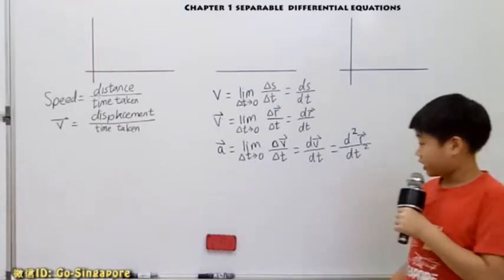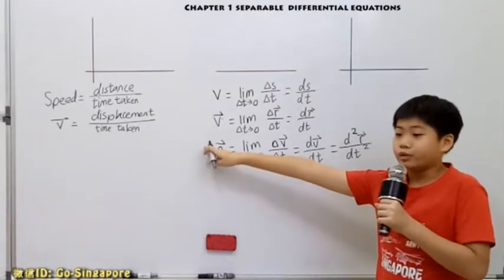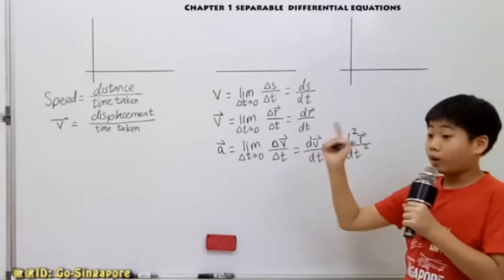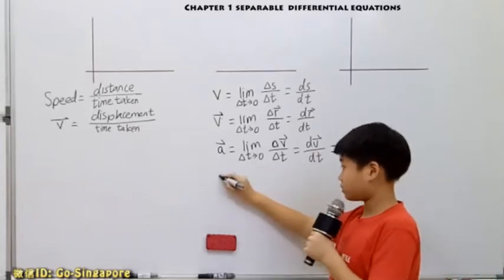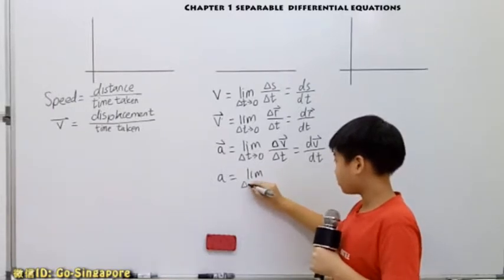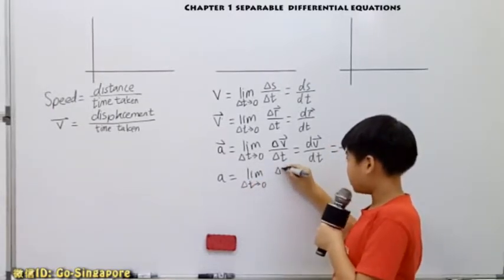Next, what if we remove our vector, like in one dimension? Remember, one dimension is a special case, which will have our delta v.